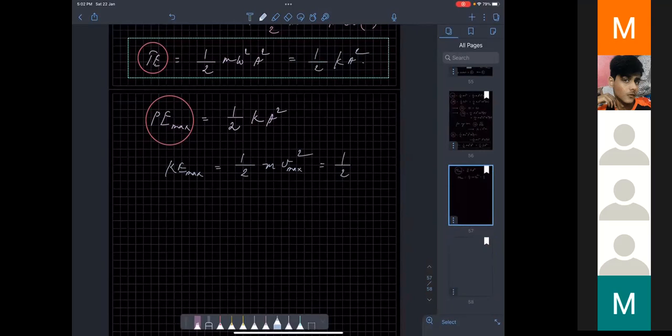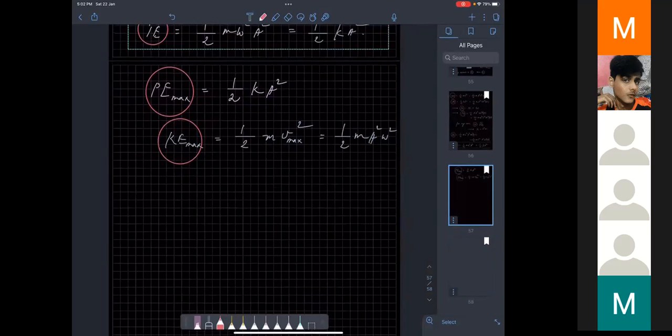A omega, right? So a square omega square. So can I write total energy is equal to PE max plus KE max? Yes, because both the terms are there. So total energy equals PE max plus KE max.